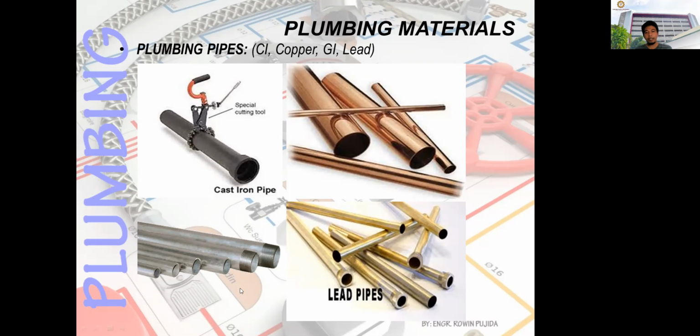It should be threaded. Okay, and then you put the Teflon and then the fittings. And this one is the lead pipes. So you have here hubless and with hub lead pipes.